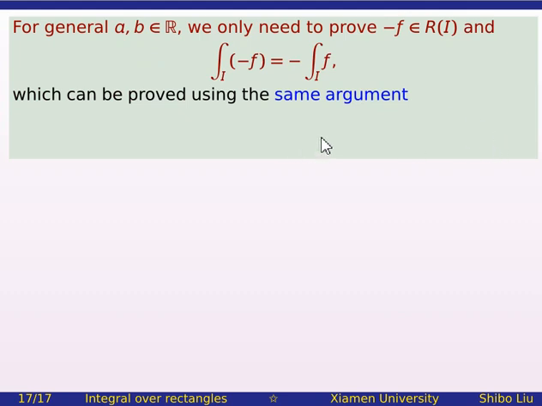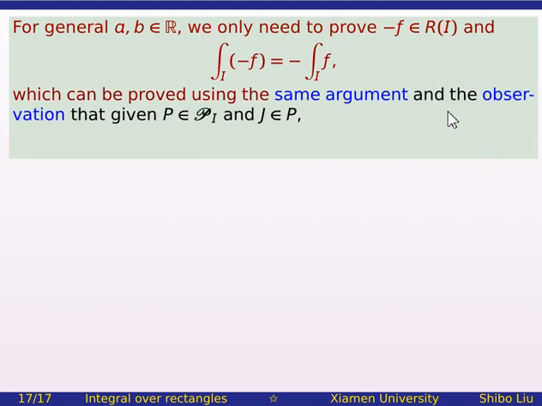So I will omit the argument here, and in the proof of this result, we will need the following basic observation. That is, the infimum of minus f over a subrectangle is precisely minus the supremum of f over that rectangle. And similarly, the supremum of minus f over a subrectangle is minus the infimum of f over it.